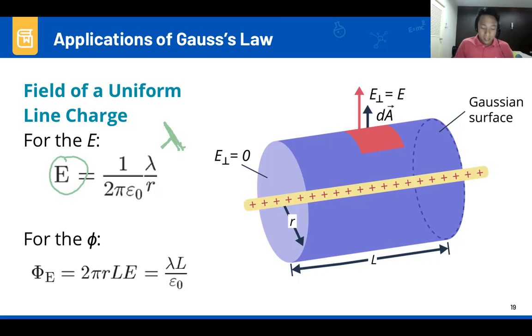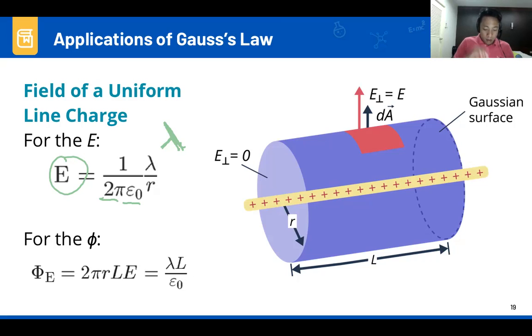Linear charge density over 2 pi, the constant, and then r. This is also the surface area of the cylinder. Okay? Surface area of the cylinder.